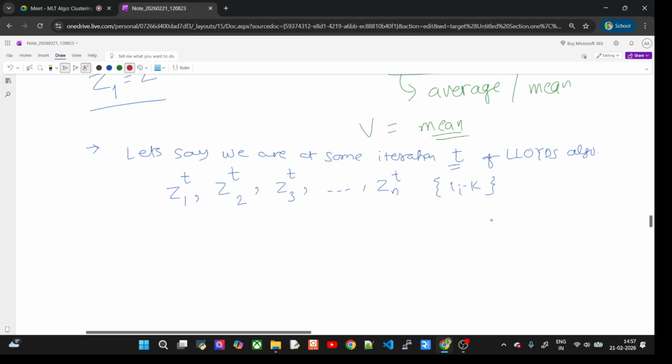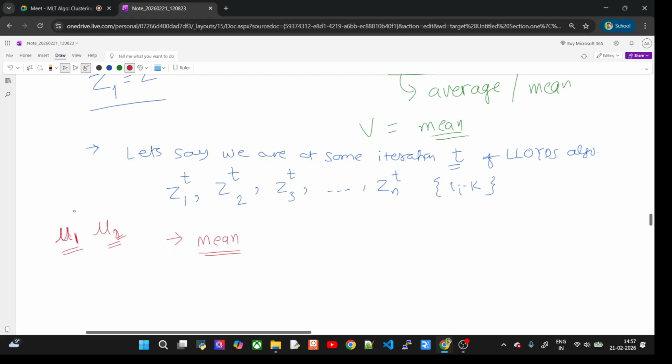For this given cluster indicator, you have the mean of each cluster. These are mu1 and mu2 at the t-th iteration, the means of your clusters.